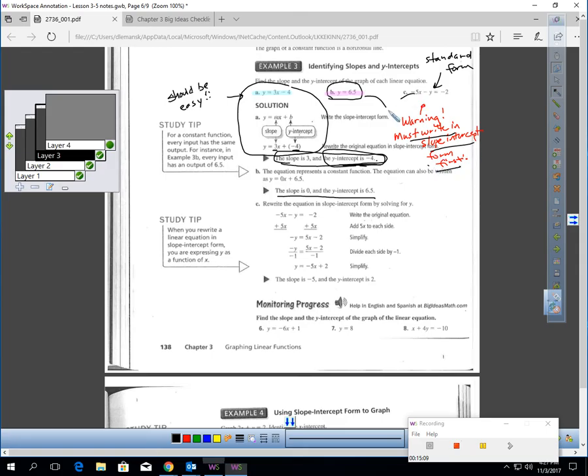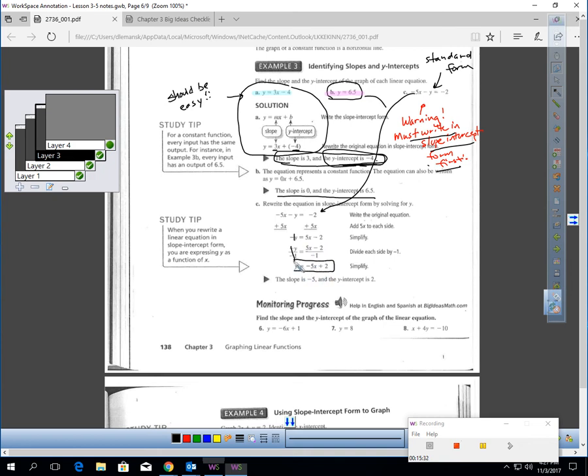So look at what they do down here. They're going to isolate y, get y by itself. That's slope-intercept form. So we're adding 5x to each side. So you have negative 1y would equal 5x minus 2. They're dividing each side by negative 1, and dividing by the negative 1 will change the signs.